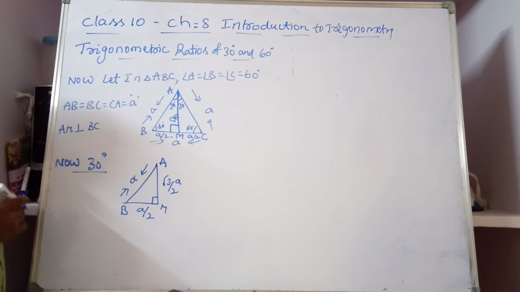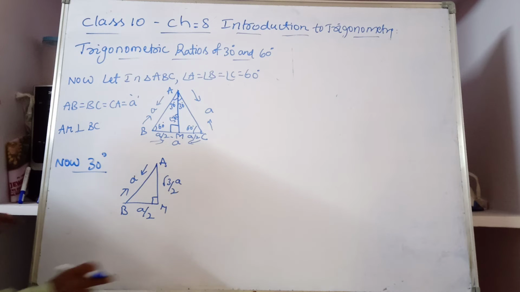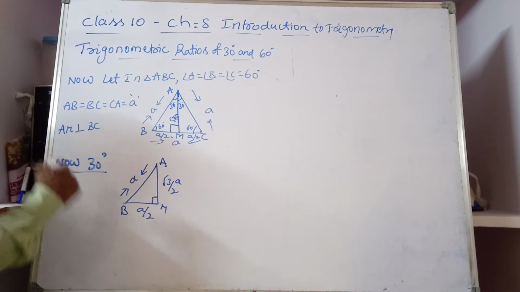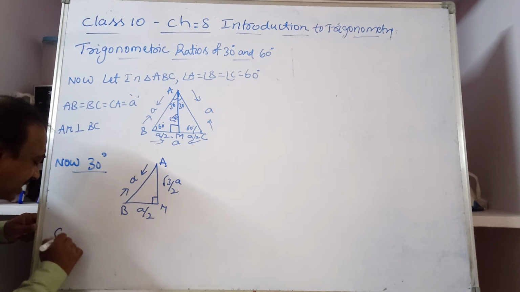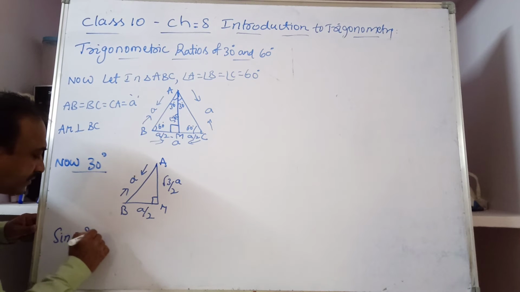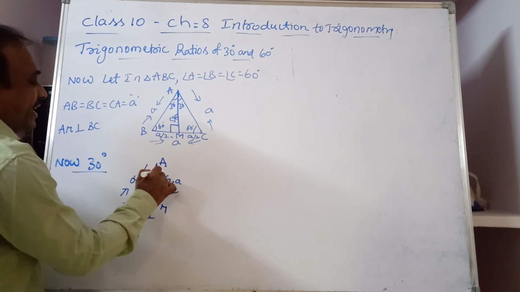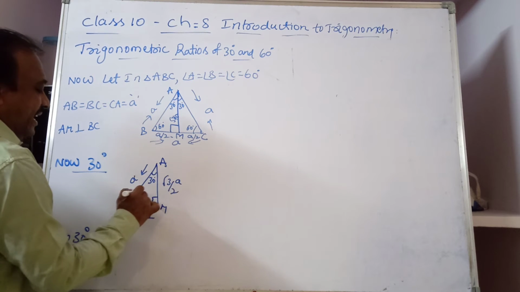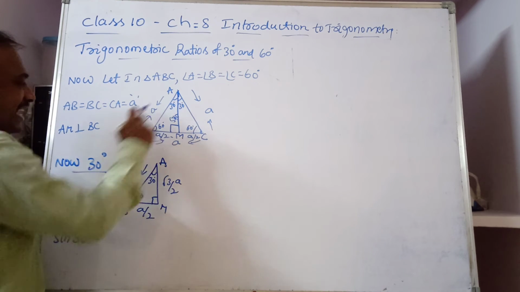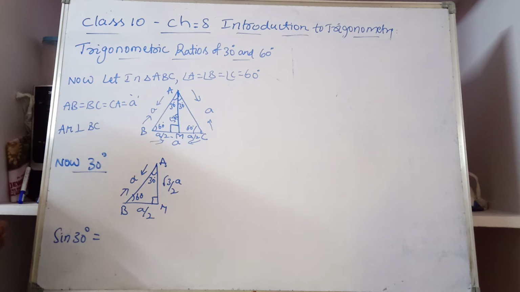Now for all 6 trigonometric ratios we will see the value of sine 30, cos 30, and so on. So sine 30 degrees. In this triangle we have 30 degrees here and 60 degrees here. Sine is opposite by hypotenuse.